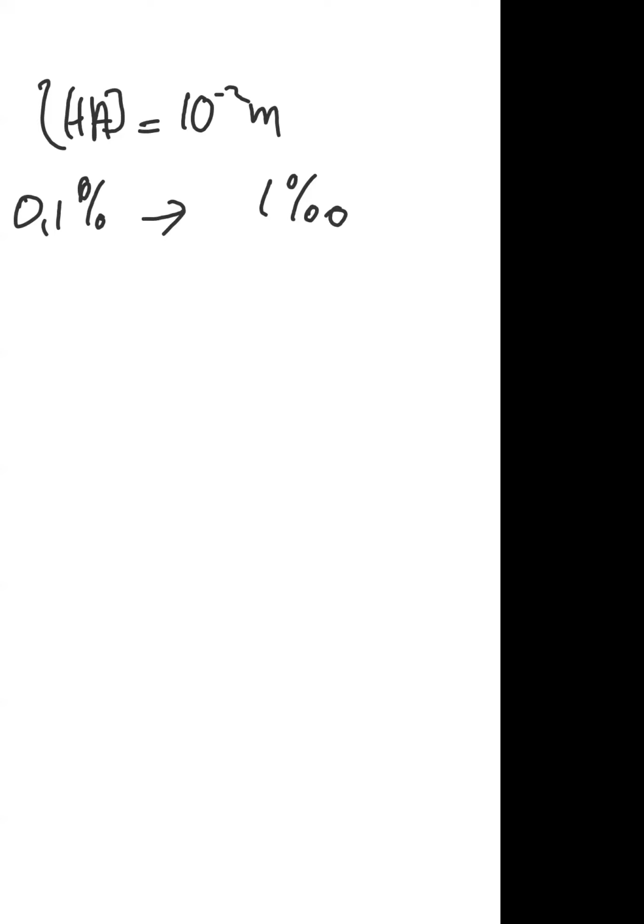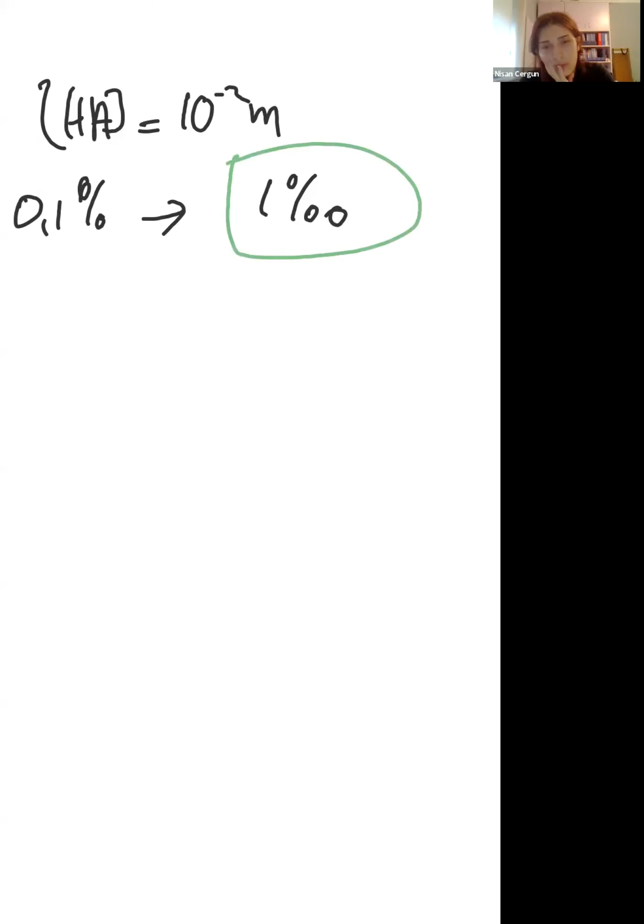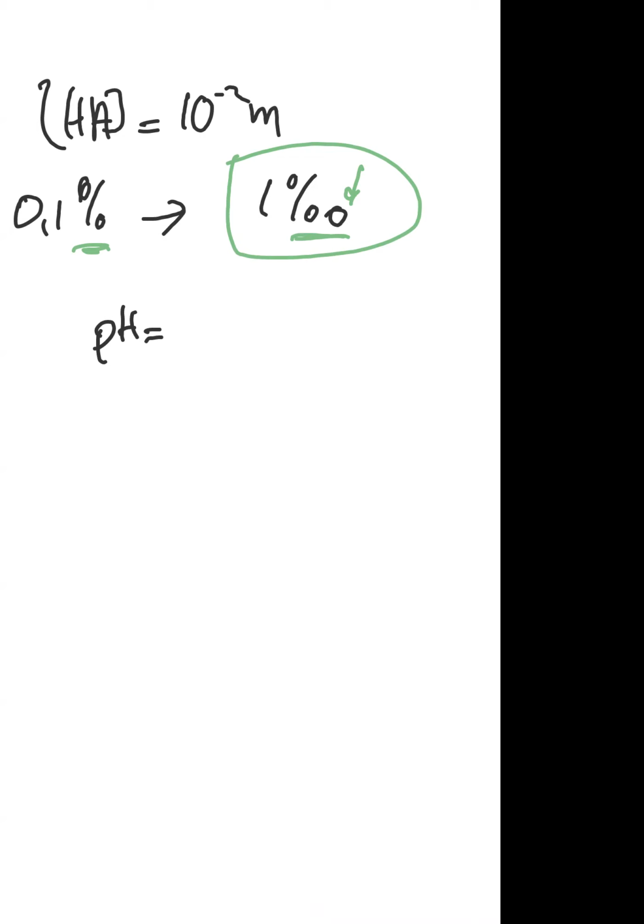What does this one mean? This is 100%, and this is 0.1%. That means 1 out of 1000. Then I want to ask you two things. What is the pH value for this HA, and also what is the Ka value of this acid if this one is given as 0.1% ionizable?